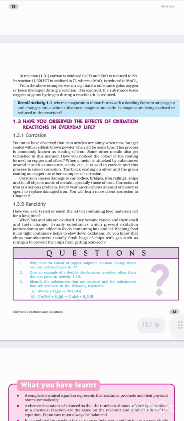Also, what are the methods with which corrosion can be eliminated? There are a number of methods, like painting. Paint prevents these metals from coming in contact with the moisture or environment present in the atmosphere.